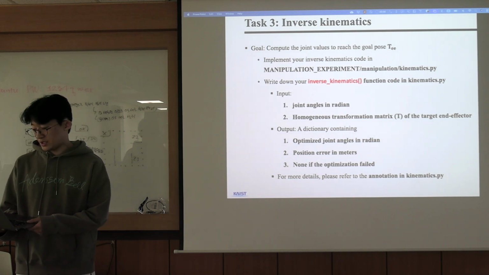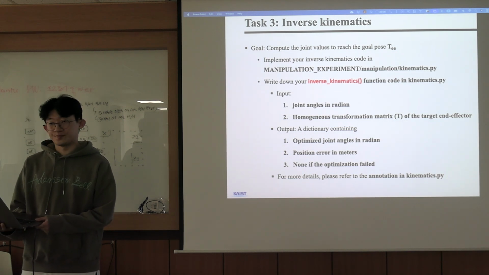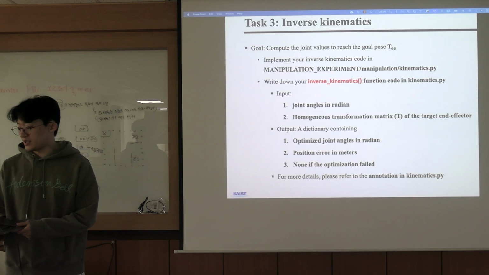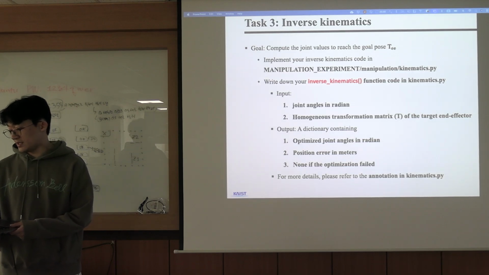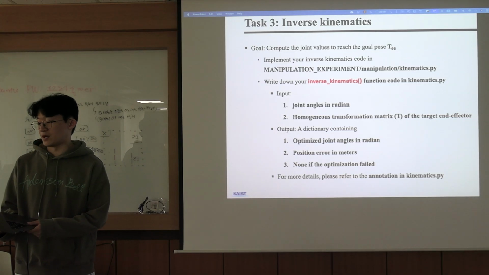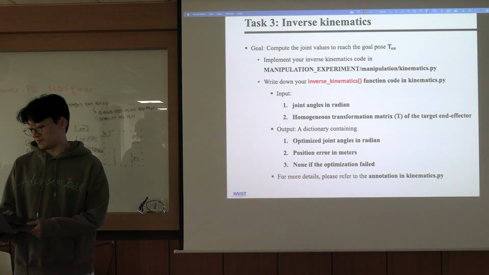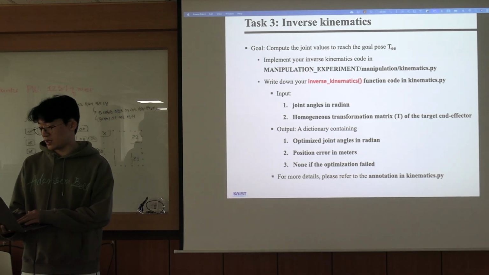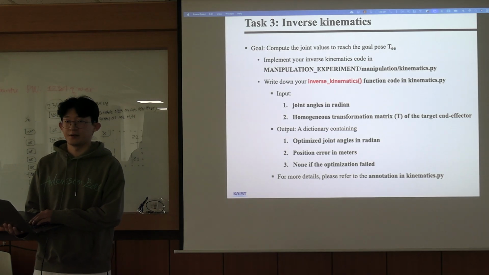The output should be a dictionary that contains 3 things. First, the optimized joint angles in radians. Second, the position error in meters. And third, none if the optimization fails. For more details, you can check the annotations in kinematics.py.